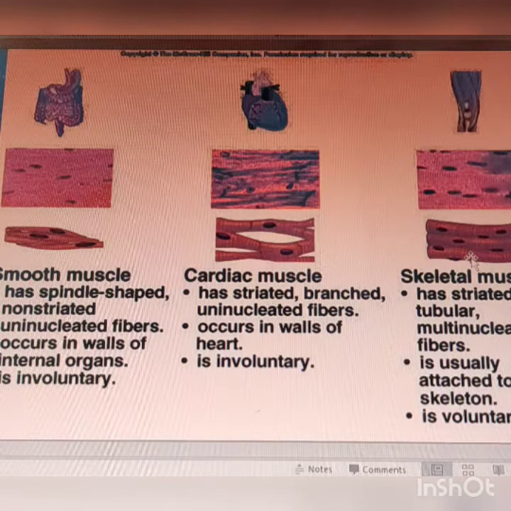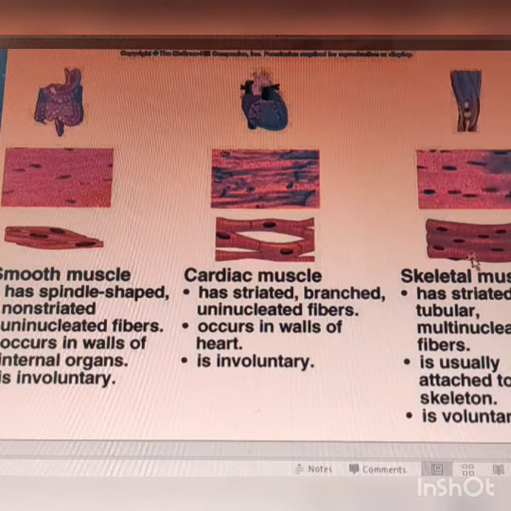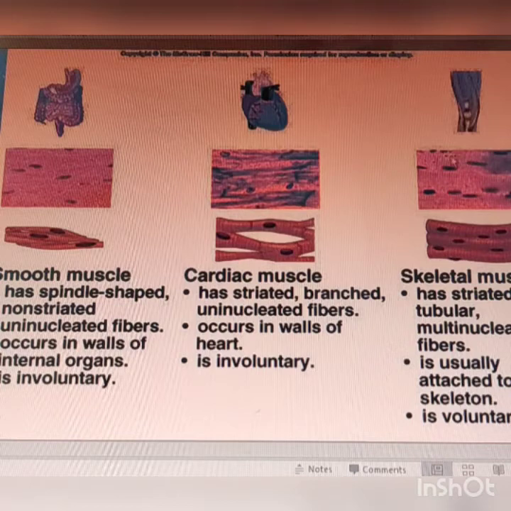They are striated in appearance and are under voluntary control. They are tubular, multinucleated fibers and they are usually attached to skeleton. This is skeletal muscle.